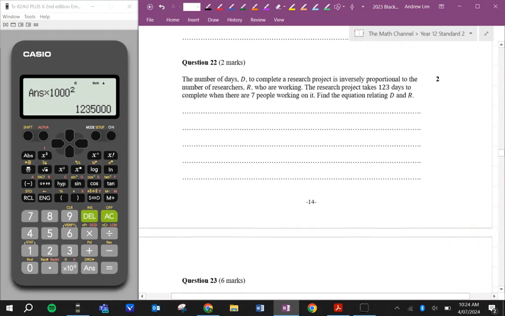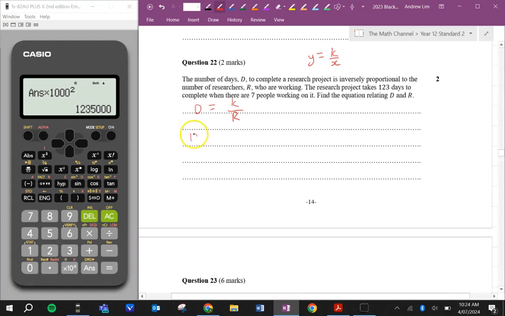Question 22. The number of days D to complete a research project is inversely proportional to the number of researchers R who are working. So D is equal to K over R. Okay, inversely proportional, we should be thinking y equals k on x. The research project takes 123 days to complete when there are 7 people working on it.